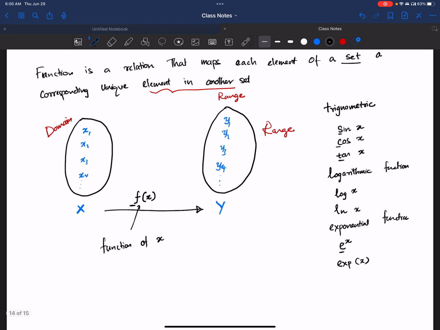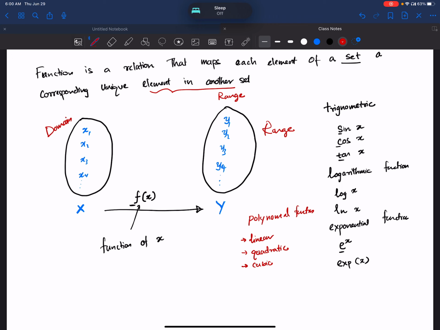Other examples are polynomial functions. The polynomial functions could be linear, quadratic, or maybe cubic. So you have some degree of polynomial, right?